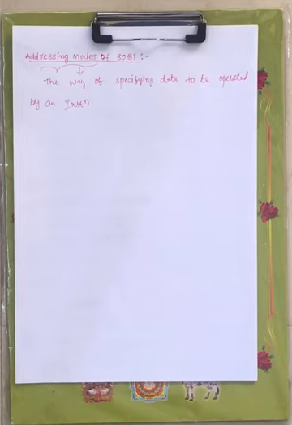Based on the specification of the source operand, we have different addressing modes, right? Now what is the meaning of addressing mode? We are specifying the source operand, nothing but the way of specifying data that is to be operated by an instruction. In an instruction, we will have an opcode, destination operand, and source operand. Opcode is nothing but the particular operation you are performing. Destination operand is where you are storing the final result, and source operand is the one on which you are performing the operation, right?